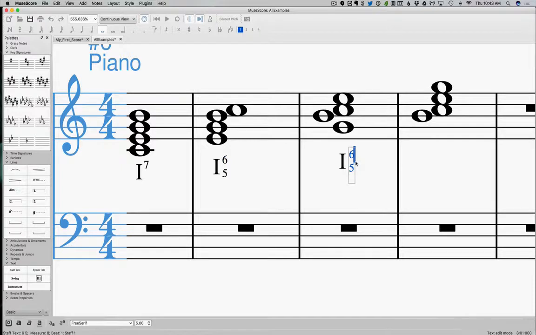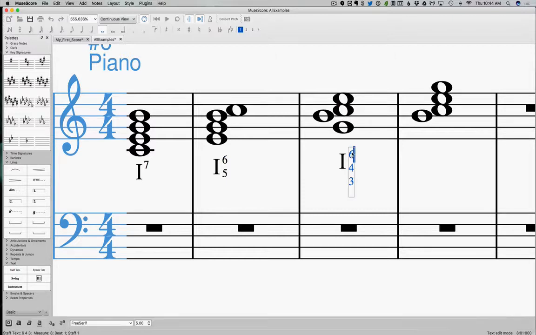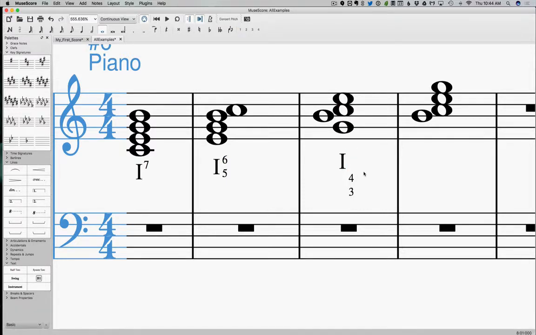That would be technically correct, but that's a little cumbersome. So instead, let's leave that 6 off and just call it a 4, 3.